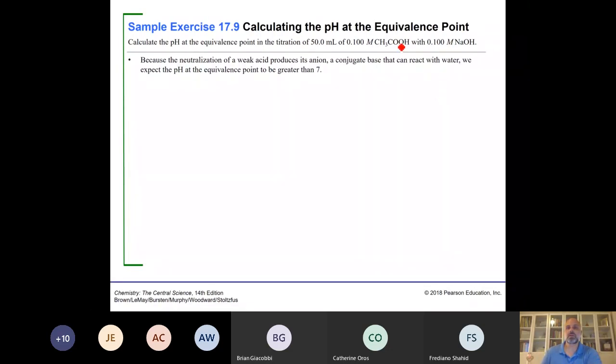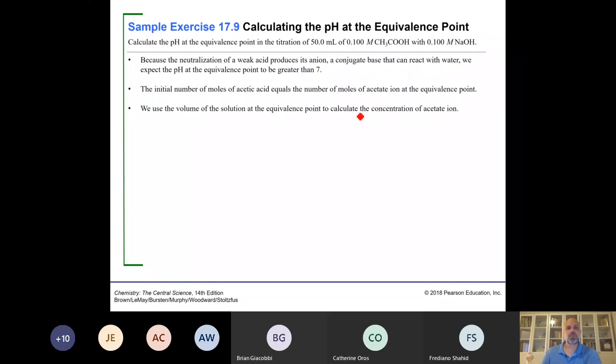The reason is that the conjugate base is going to react with water to produce hydroxide ions. The initial number of moles of acetic acid equals the number of moles of acetate ion at the equivalence point. We'll go through the calculation to show this equivalence.